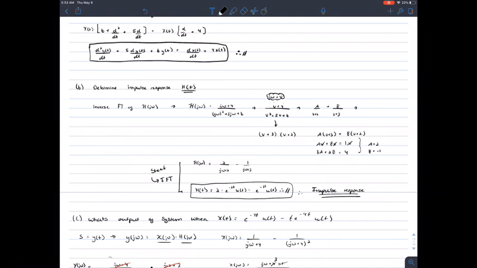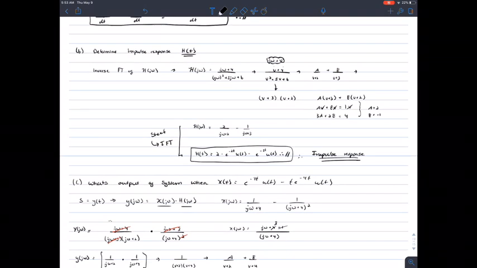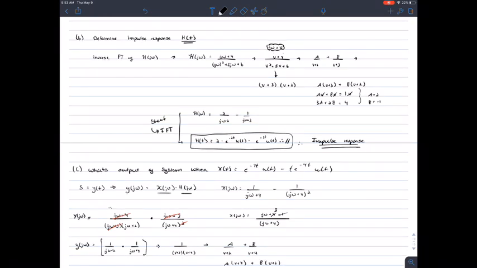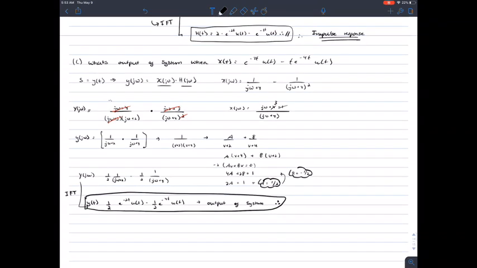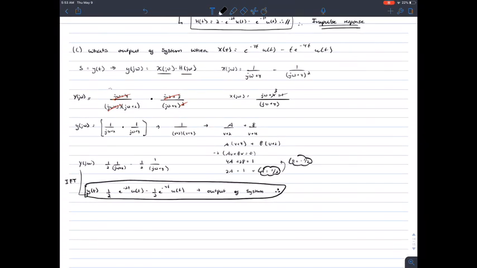Partial fractions is going to be a big part of this. You need to understand how to do it. And once you find H(jω), the hard part's done. You just have to look at your sheet to find the impulse response in the time domain. And same thing with the output.